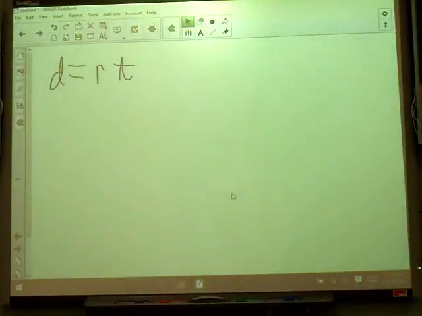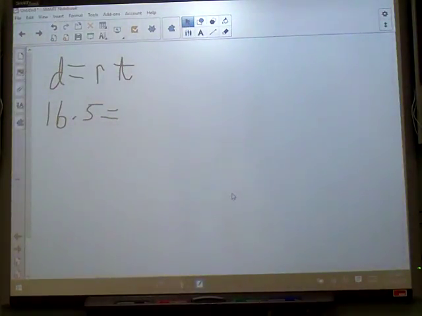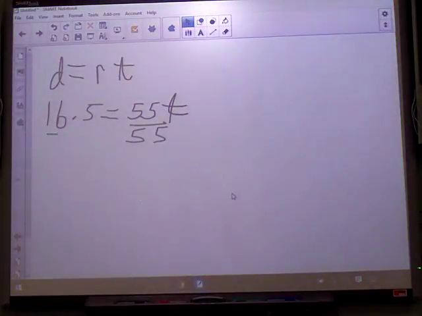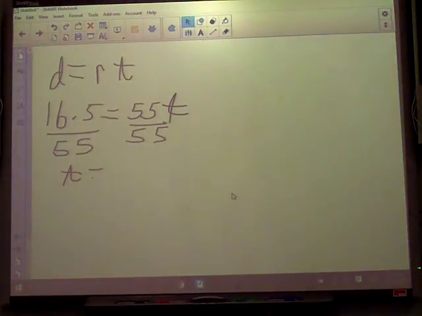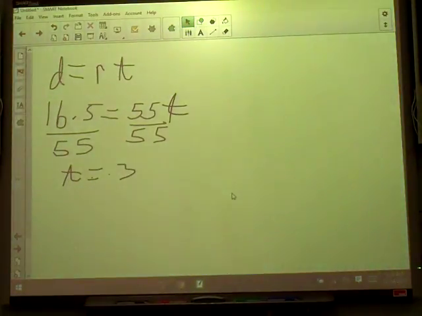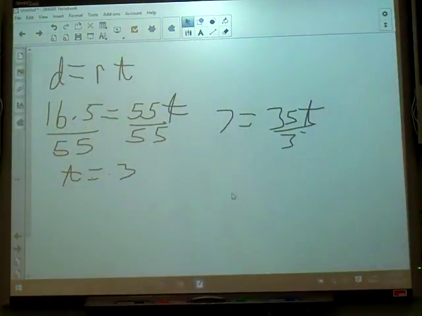So my distance is 16.5 on the highway. And on the highway it told me I travel 55 miles an hour. So divide that by 55. And for part A, just on the highway, I got 0.3. Now you're not done because you also drove on the city roads some. 7 miles on the city road. So 7, and you drive 35 miles an hour there, equals 35 times t divided by 35.